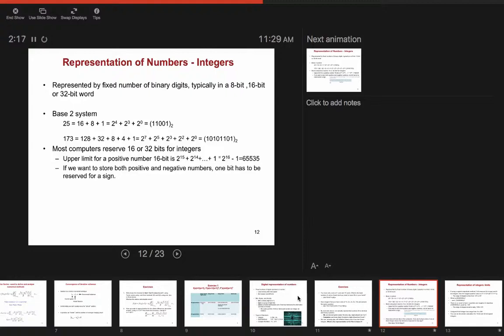This is 1 times 2 to the 0 plus 1 times 2 to the 1 plus 1 times 2 to the 2 plus 1 times 2 to the 3, 4, 5, 6, 7. That's the largest number for 8 bits. If I have only 8 bits of space, it's not much actually.